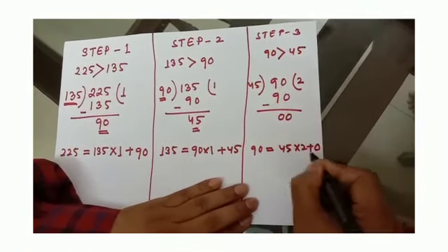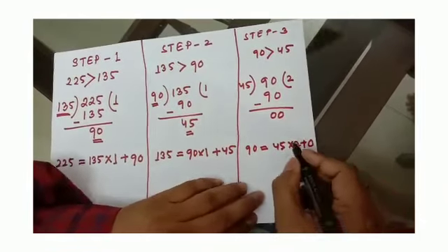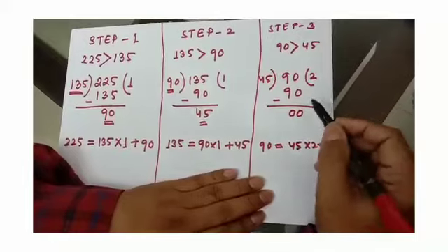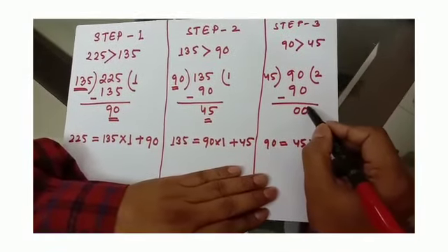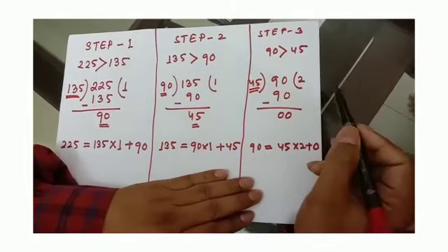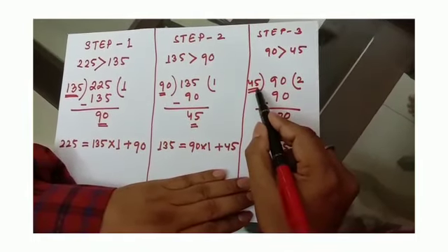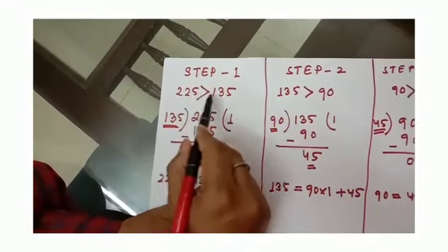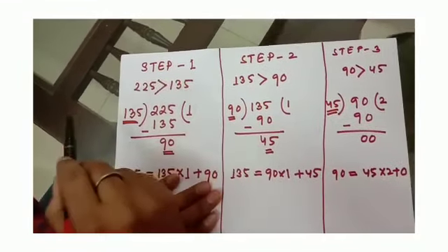So when the remainder comes 0, the division comes to an end, and in that division where the remainder is 0, the divisor, that is 45, will be the HCF of the given numbers 225 and 135. So it is clear to you.